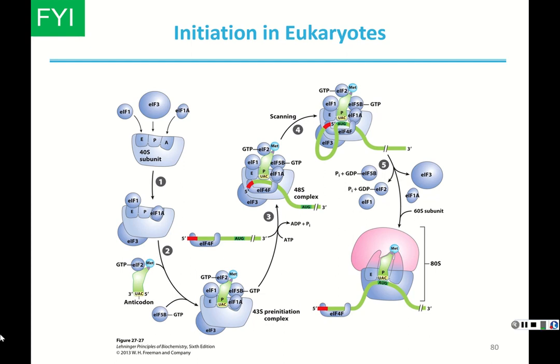Thankfully, we don't have to know all of these because we get a lot more abbreviations and a lot more cofactors involved. Once we get an initiation complex, it looks very similar to bacteria: two subunits, messenger RNA sandwiched between them, a start codon matching up with our first methionine, and also E, P, and A sites.